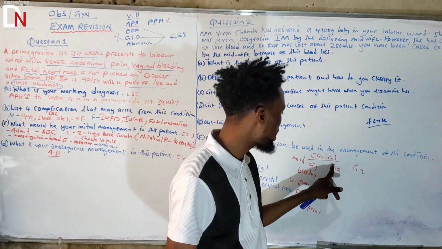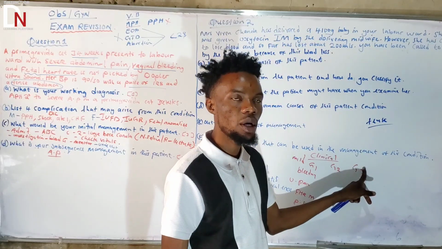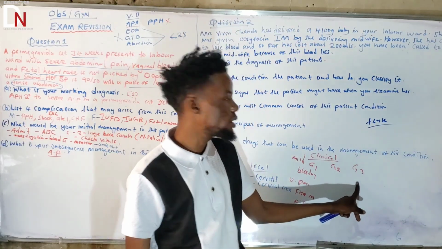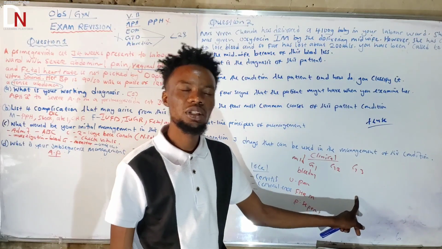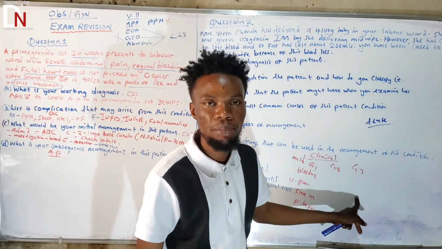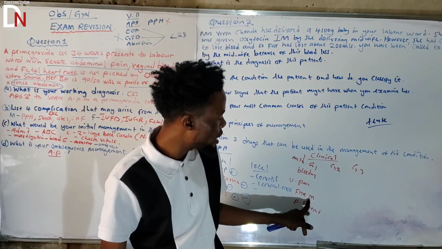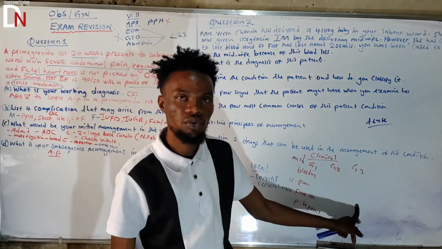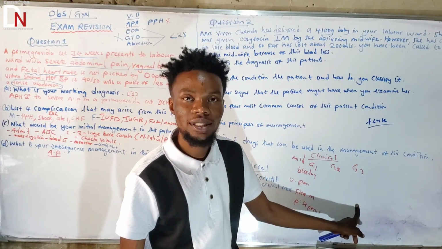Because grade 2 is moderate placental abruption, this one is severe abruptio placenta. The bleeding will be severe. The pain will be severe, sometimes characterized as knife-like pain, which we call stabbing pain. The fetal heart rate will show very severe fetal deceleration.